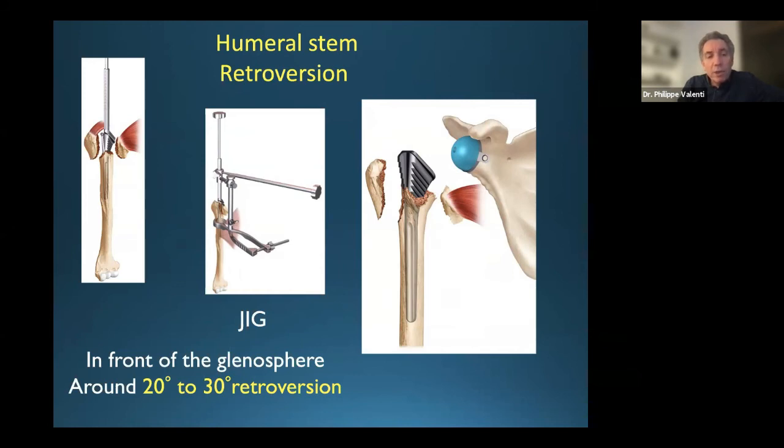If you have an old patient with a kyphosis, spine kyphosis, there is a very nice study of Morder. It's necessary to put more retroversion, because if you have a kyphosis of the spine, you have an anteversion of the scapula, and he recommends 30 degrees of retroversion of the stem to obtain more external rotation and more internal rotation.